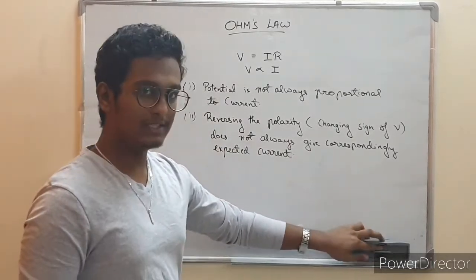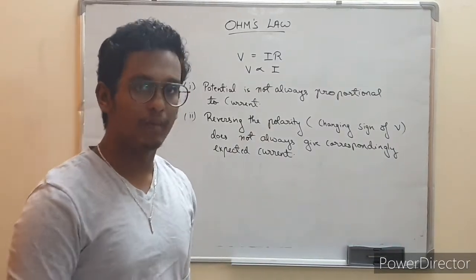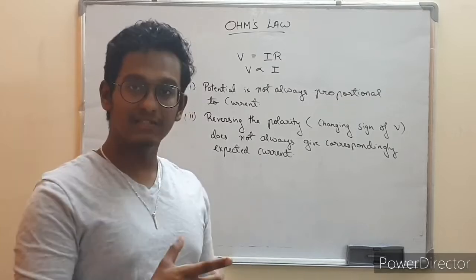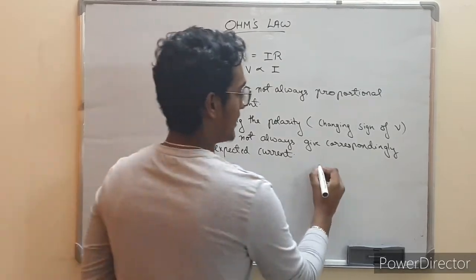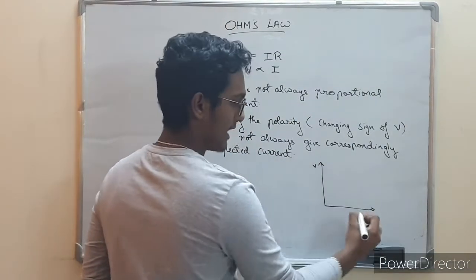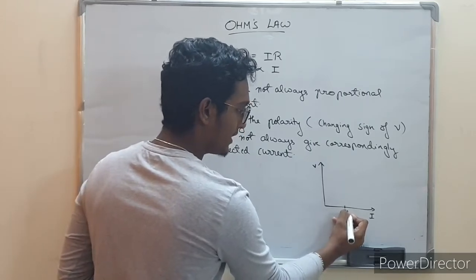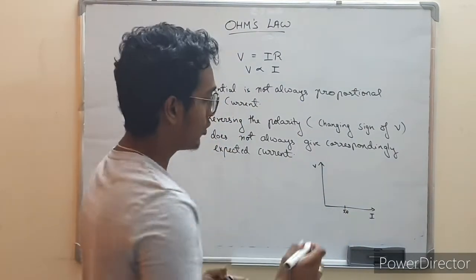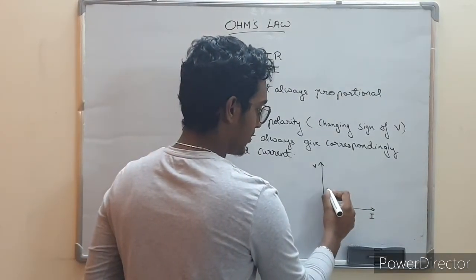Now the third case is when two different voltages may be given by the same amount of current. You can understand this with a graph. Let's say this is the voltage and this is the current. The same current I, let's say 5 amperes, could give two different voltages at two different times, like the graph could be in this form.